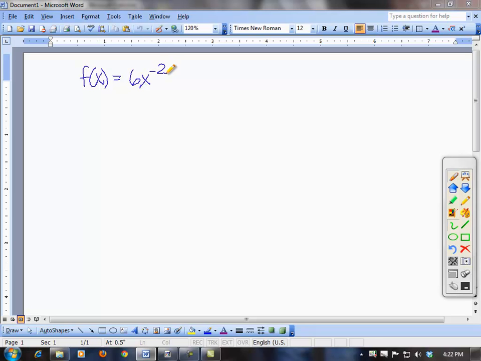It's not negative 1 anymore, so that 2 is going to have to play in there somehow. And my g of x is 4x plus 5. Okay, and we're going to do both composites, f of g of x and g of f of x.